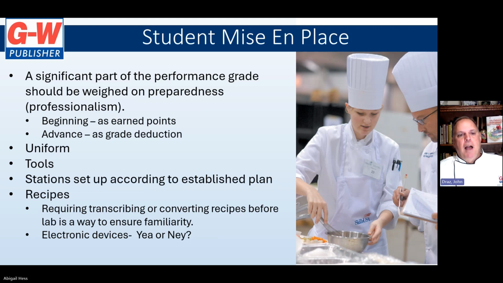Going back to the top here, a little bit about beginning versus advanced. For beginning students at the very beginning of a program, I think it's important that these professionalism aspects are points earned towards their performance grade. You get so many points for your uniform, so many points for your knife kit, so many points for setting up your station.